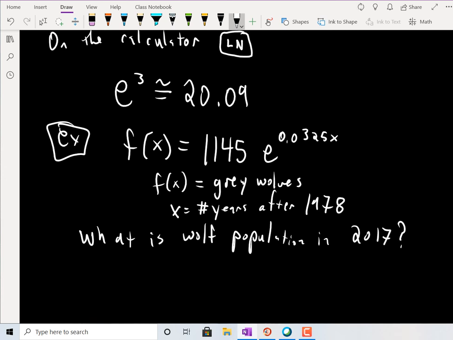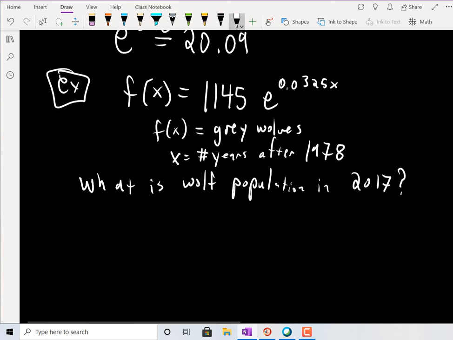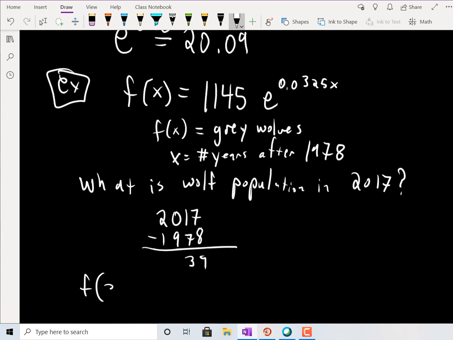First we have to figure out how many years after 1978 that is, and that won't be so hard. I can just take 2017 and subtract away 1978, and of course you get 39. Then we take the 39 and plug it into our formula for wolves.